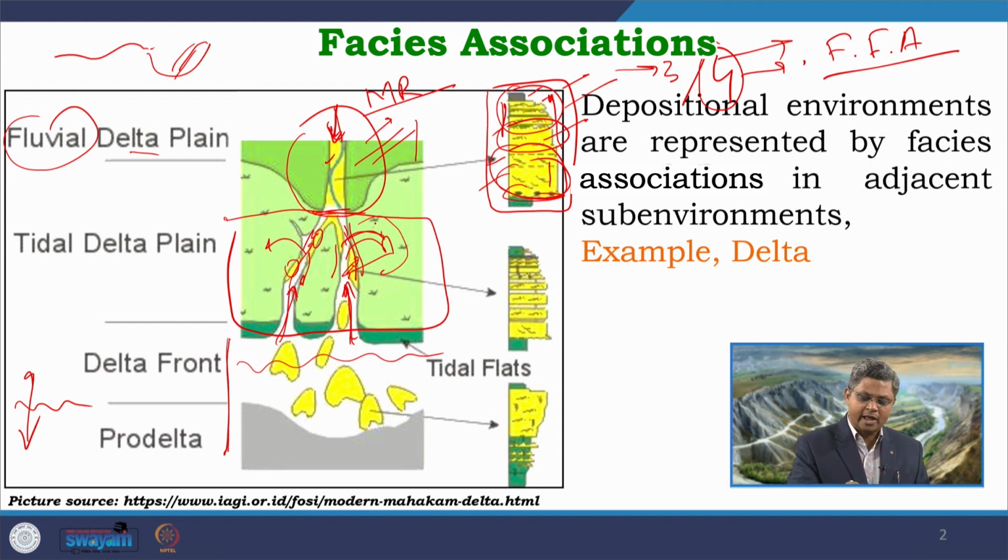So, gradually what will happen? We get a swampy condition developed in this portion, where if vegetation develops, commonly we can expect formation of coal or peat. So, these areas become frequent mud dominated areas, low energy condition with development of swamp, and coal or lignite peat forming conditions may develop over here.